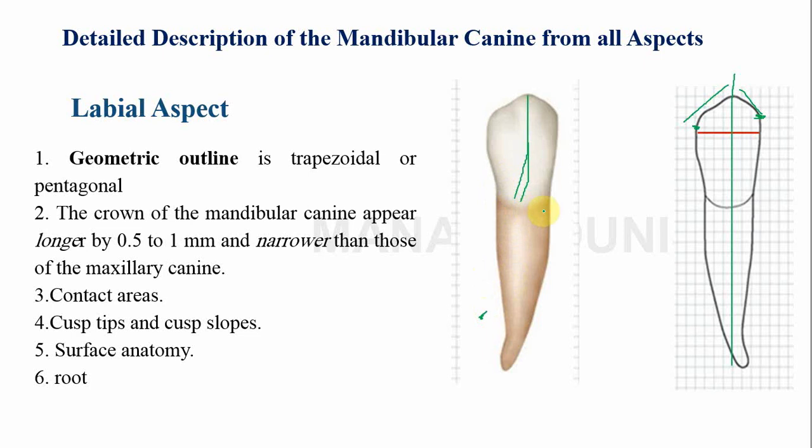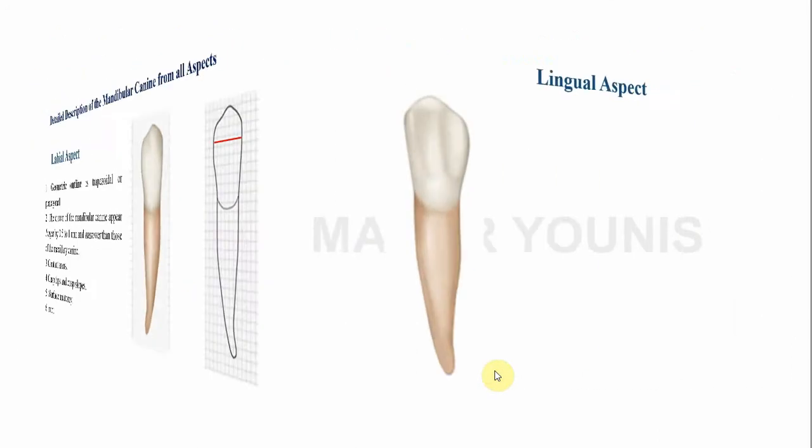Regarding root length, it is 1 millimeter shorter than that of the maxillary canine, and it can show either a mesial or distal inclination. As you can see here in this figure, this tooth shows a mesial inclination of the root, while in this case we have a distal inclination. So it's the only anterior tooth which may have a mesial inclination rather than a distal inclination of the root.